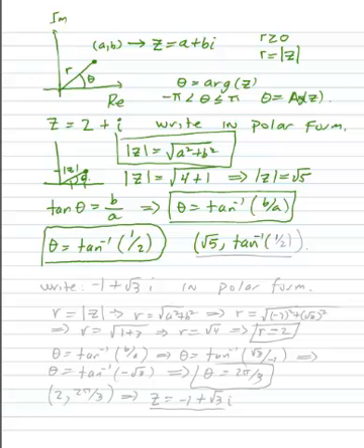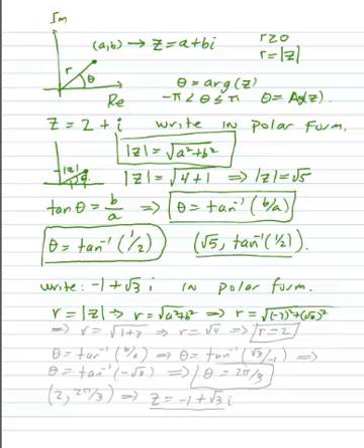arctangent of 1/2. Question says write -1 plus the square root of 3i in polar form. Find r as the modulus of z, and that was the square root of a squared plus b squared. r is going to equal the square root of (-1) squared plus the square root of 3 squared.